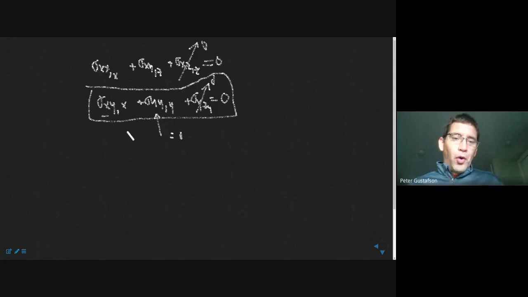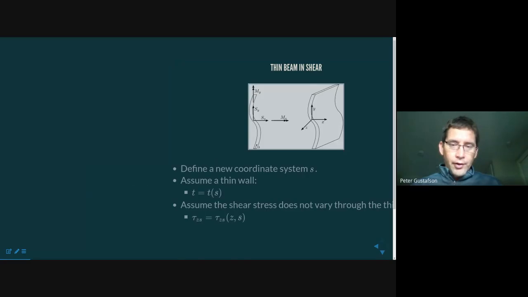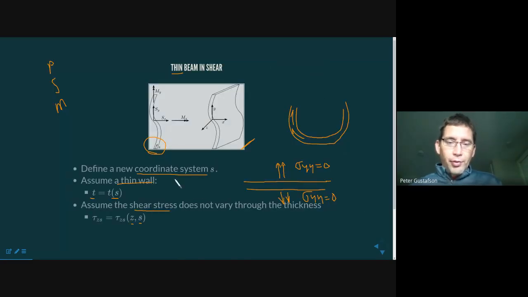And lo and behold, then when you plug in all these equations, what we find is that through the thickness, there can be no change in the shear stress through the thickness.